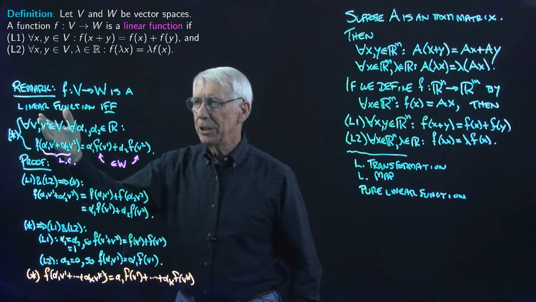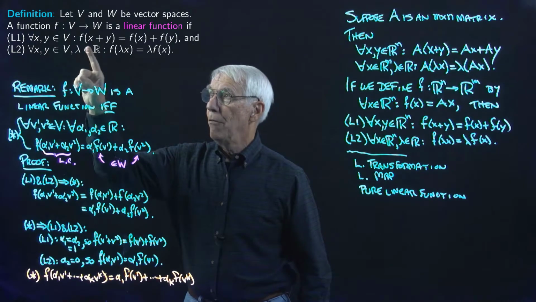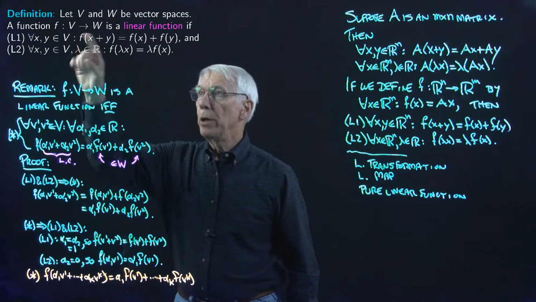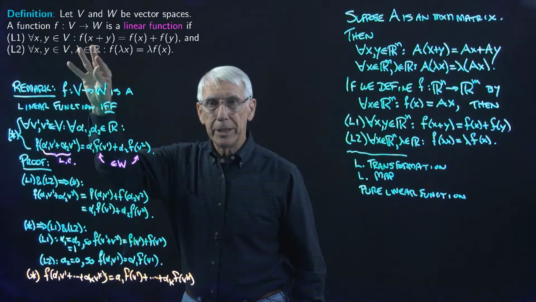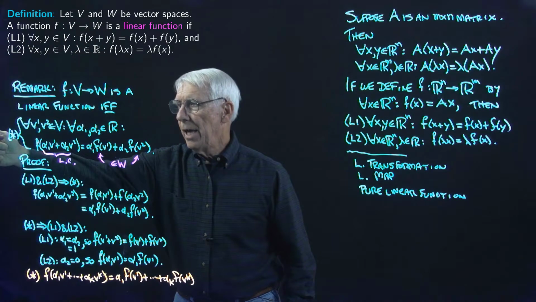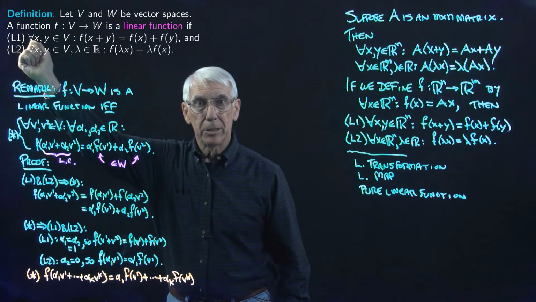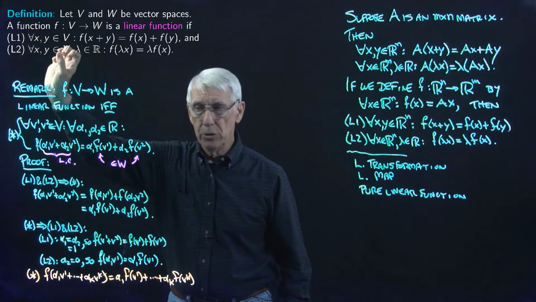It's an alternative definition, if you like, of a linear function. We could have defined a linear function to be a function that satisfies star, and then derived as a remark this definition up here that gives us L1 and L2.